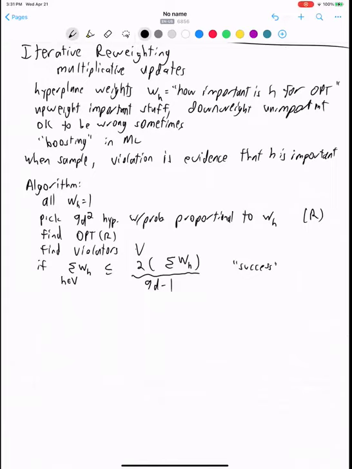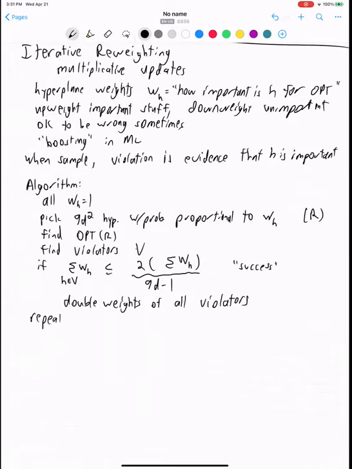Then we double the weights of all the violators. And we just repeat this until there are no violators. That is, we repeat it until our sample that we optimize gives us the optimum of the entire set.